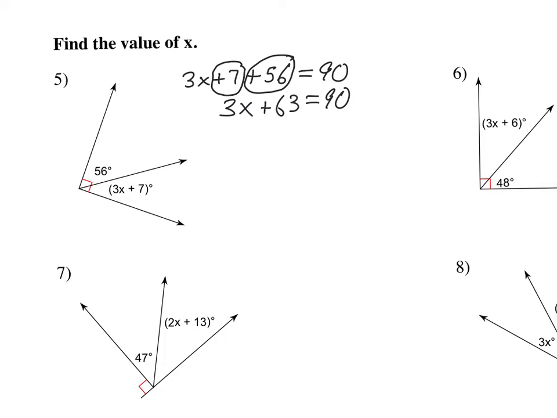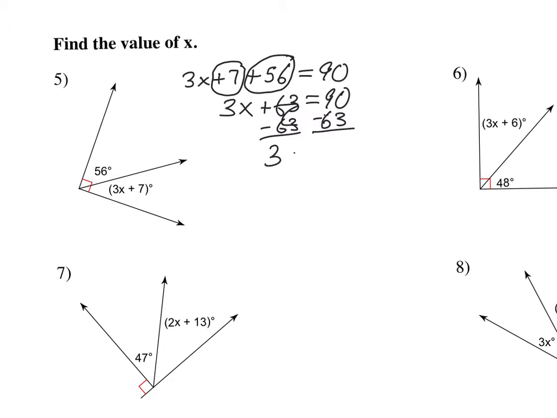Okay. Now, just like any other equation, I have a variable term and I have a constant. I want to get rid of the constant on the left-hand side first, so I've got to subtract it to zero it out. So that means I have to do the same thing on the right-hand side.